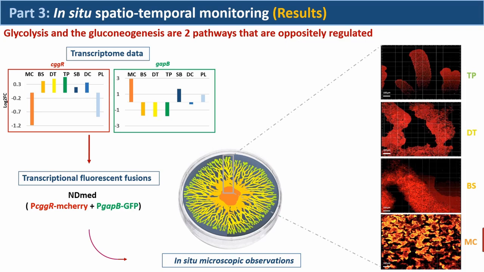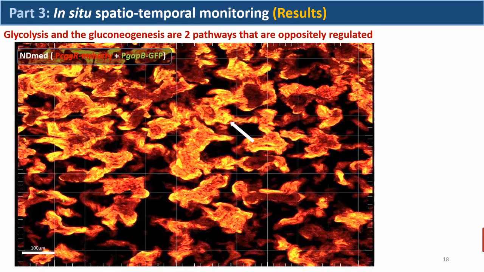For example, in the mother colony, where the glucose starts to become limited, the intensity of the glycolytic gene, reported by mCherry, becomes lower during the swarm, while we have an expression of the gluconeogenic gene, gapB. Zooming in on the mother colony, we can see how these two subpopulations are spatially localized, where the yellow reflects the superposition of the red and the green. Sorry.